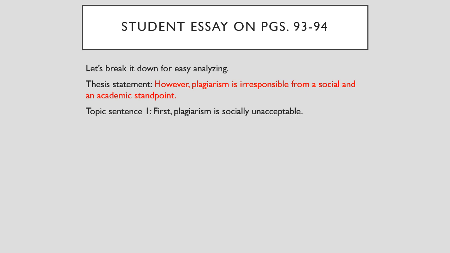So in this point, this goes directly to the thesis. In the thesis, the writer mentioned from a social standpoint, why is plagiarism bad? So in order, the writer writes about that aspect. And so I expect in that paragraph that the writer is going to talk about how plagiarism is socially unacceptable.